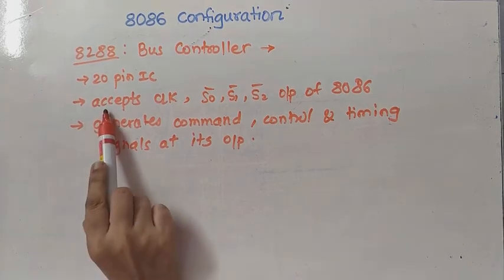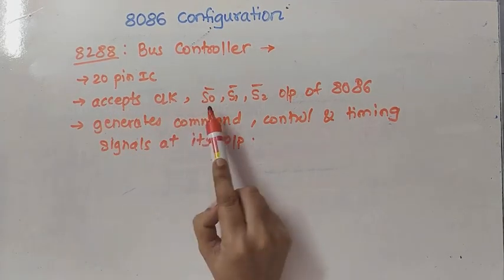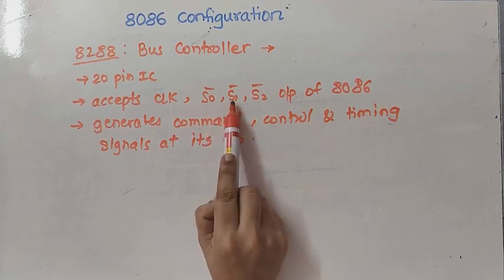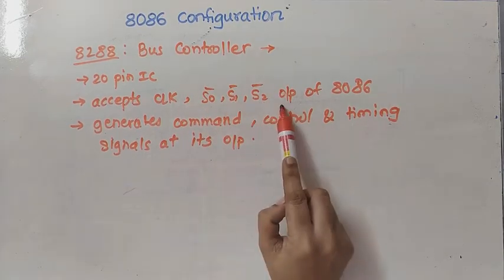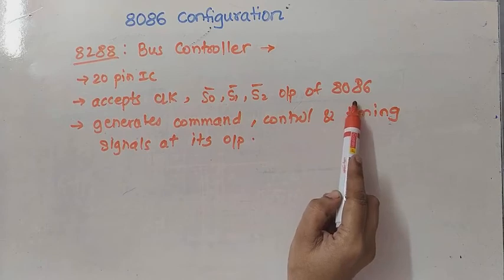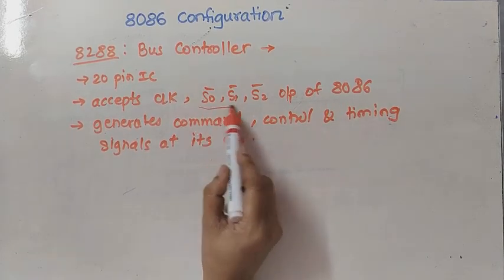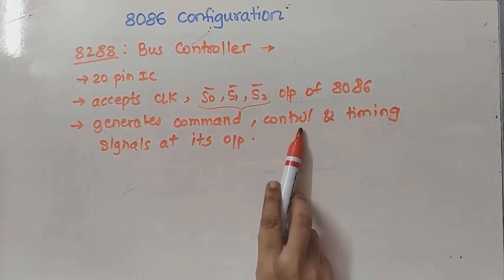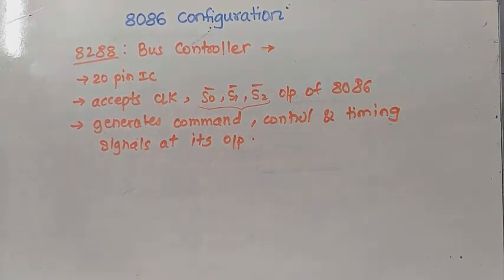It accepts the clock signal along with the status pins, that is S0 bar, S1 bar and S2 bar output of 8086, and with the help of these status signals it generates the command, control and timing signals at its output.